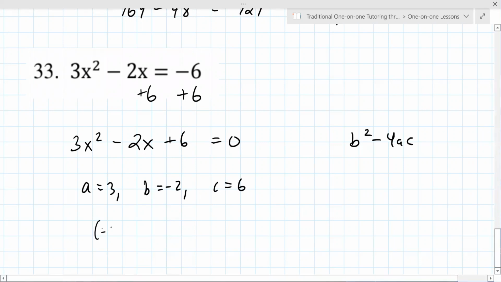It's very important that you put it in parentheses. And then -4, parentheses 3 and 6. So then it would be 4 minus 122, I think it is.